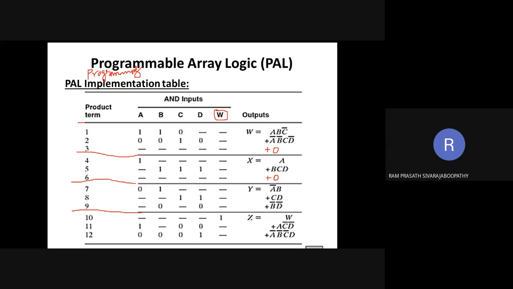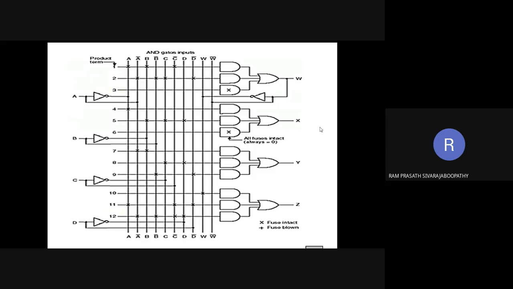So next, we have to implement the circuit using this table. Remembering all the functions, we are going to program whichever product terms are needed, whereas the OR array is fixed. I will show you in the diagram. Shall I move to the next slide? Yes. Fine. See this thing, we call it the fixed OR array.